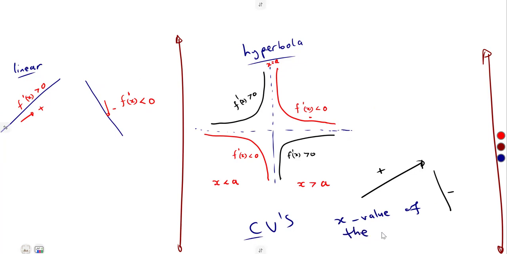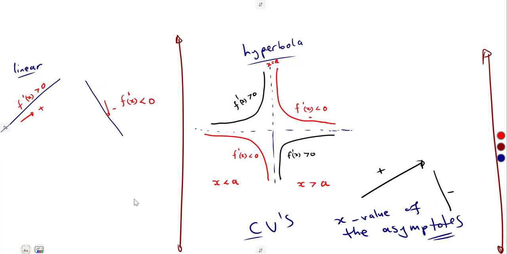You see, grammar and mathematics do not go hand in hand. Now I want to write grammar here: x value of the asymptotes. So that's it. Those will be your critical values.